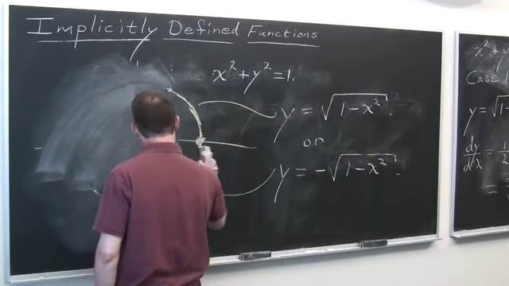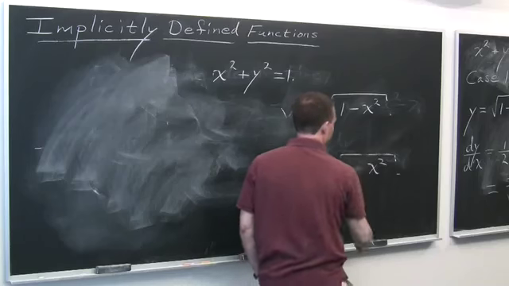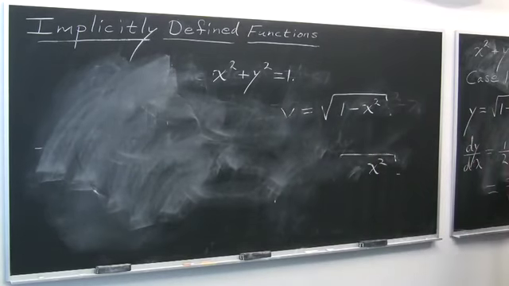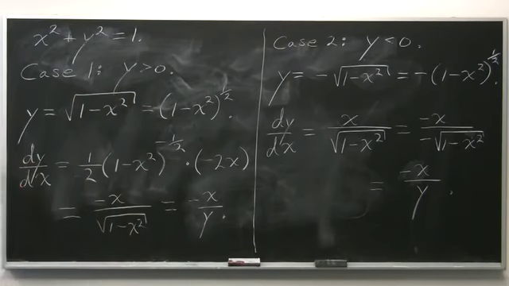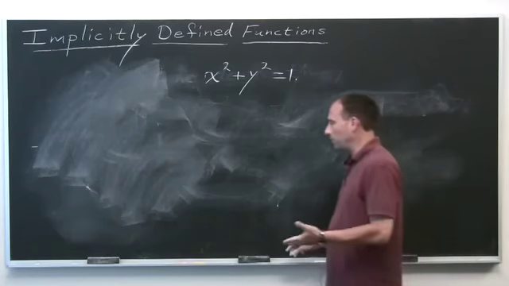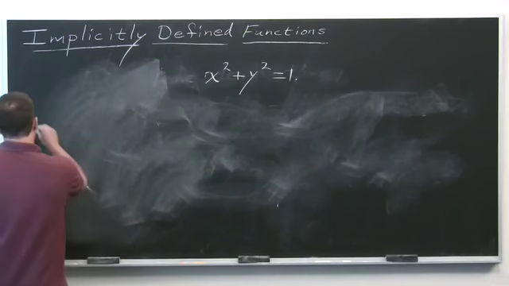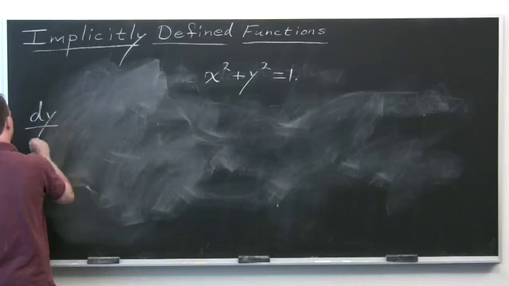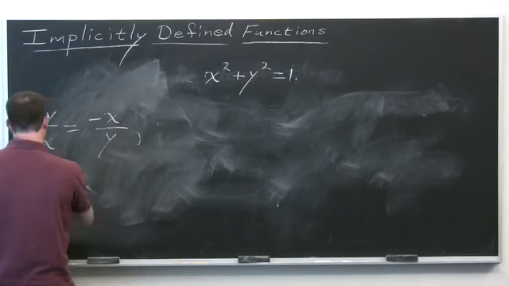We're getting minus x over y, as long as y isn't 0, which is also the only place where the derivative has a problem when you're dividing by y equals 0, which was kind of the overlapping case that we had to leave out anyway. We could handle where y is positive, we could handle where y is negative, but we didn't know whether we had the plus or minus if we were close to where y is 0. So what we're finding is dy/dx equals minus x over y if y is not 0.